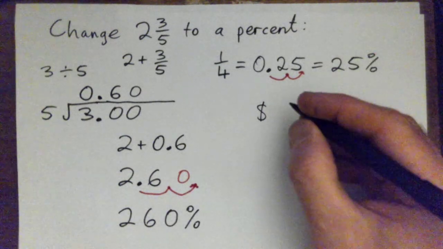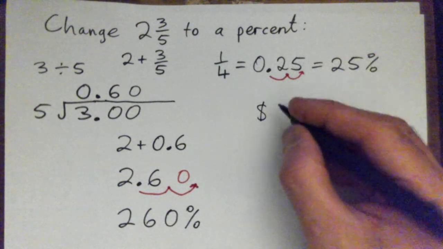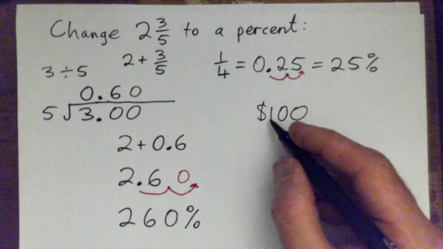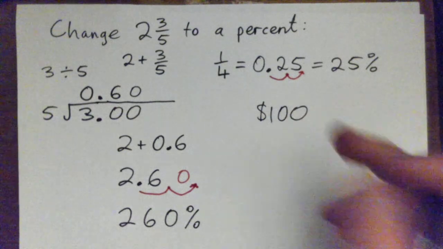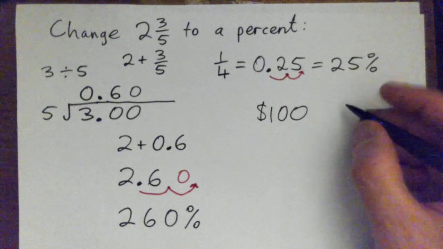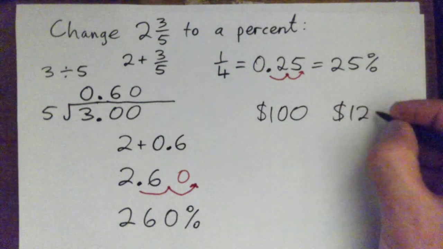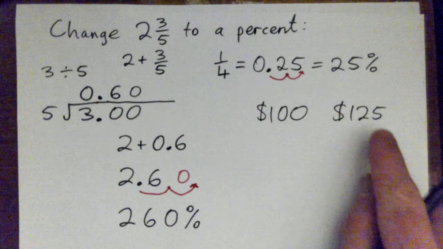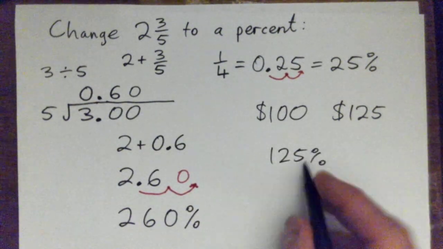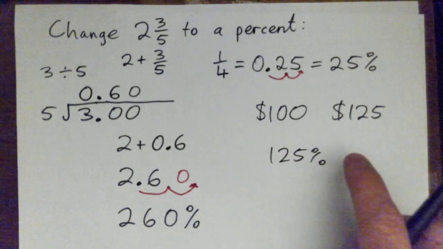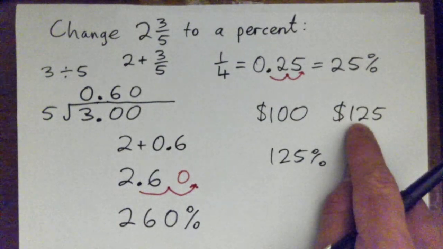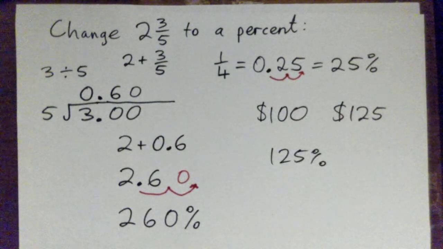So let's say a jacket costs $100 in January, but it cost $125 in December. That jacket would be 125% more expensive in December than January. This number is 125% more than this, if that makes sense, right?